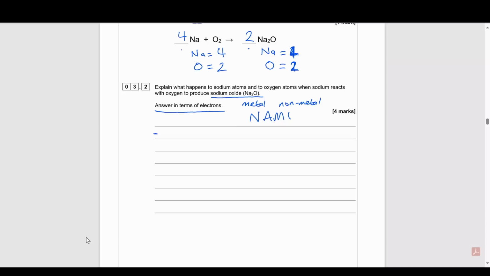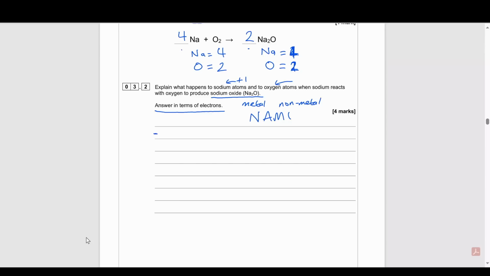Now, there are 2 sodium atoms. Remember that sodium is in group 1 of the periodic table. So for it to become stable and for it to have a full outer shell, it would only need to lose 1 electron. Oxygen is actually in group 6 in the periodic table.